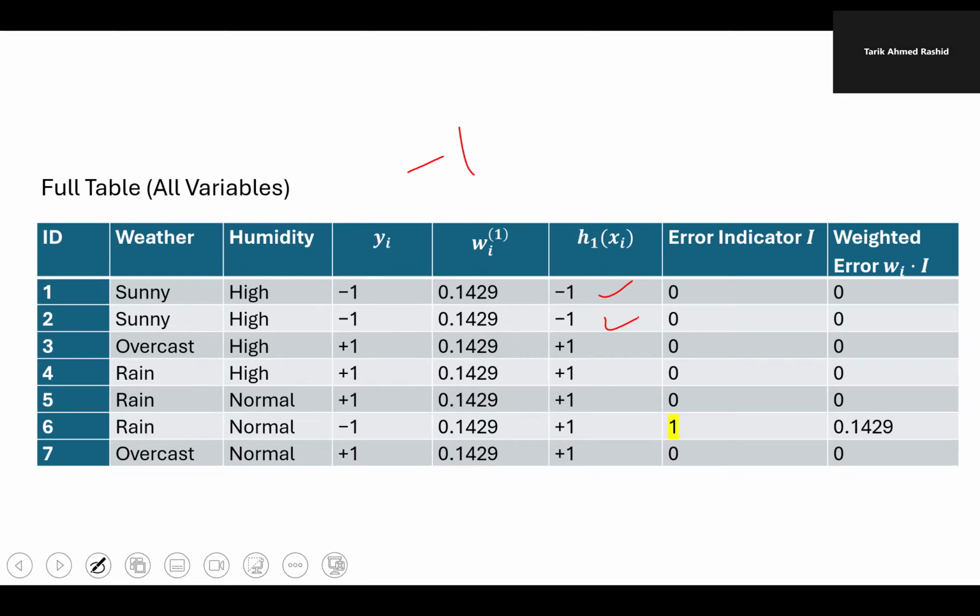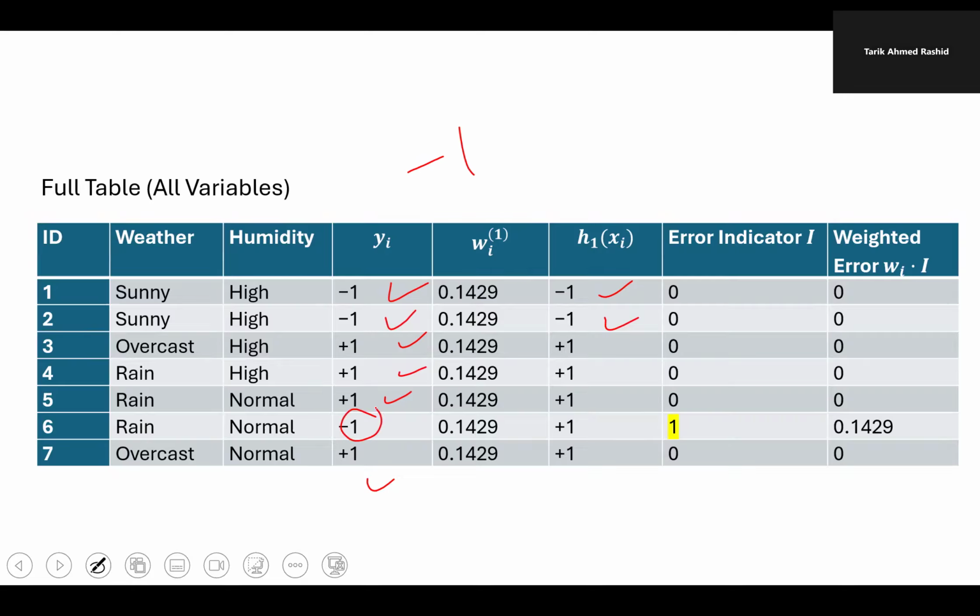Now the overcast, which is not sunny, so if it is plus, leave it as it is. This one was sunny, so h(x) is -1. It is sunny, h(x) is -1. Therefore we have one error in this example.